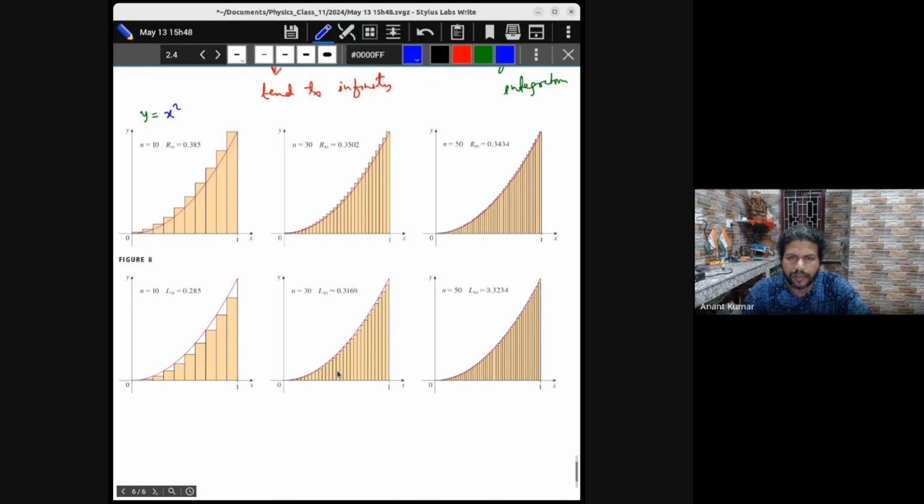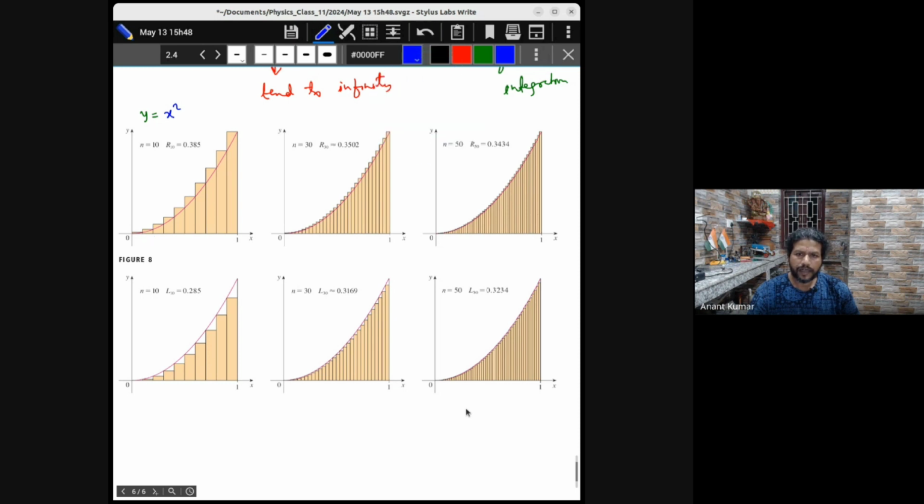I was trying to estimate the area under this graph, and we are trying to approximate it by dividing it into a series of rectangles over the entire interval. In this case, there are 10 intervals that we have done and obtained the areas of these rectangles.